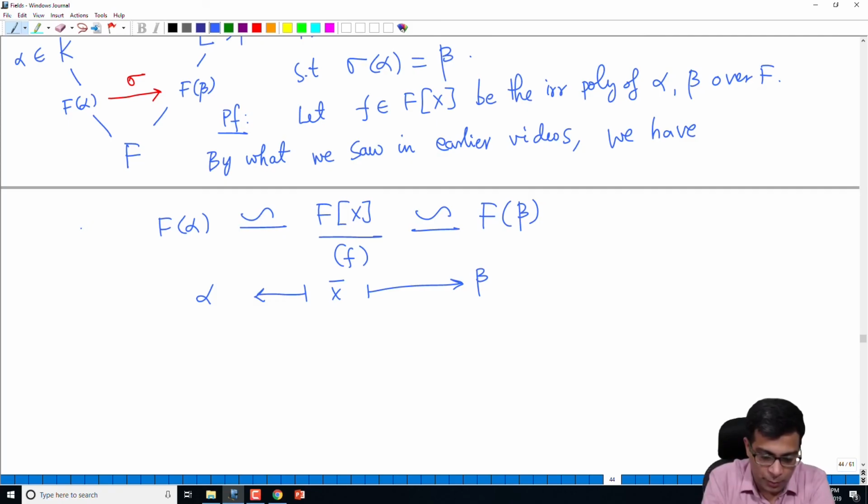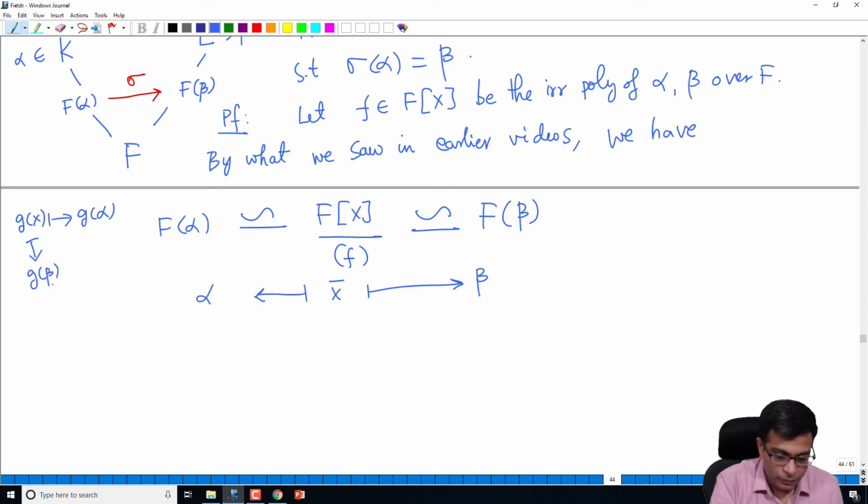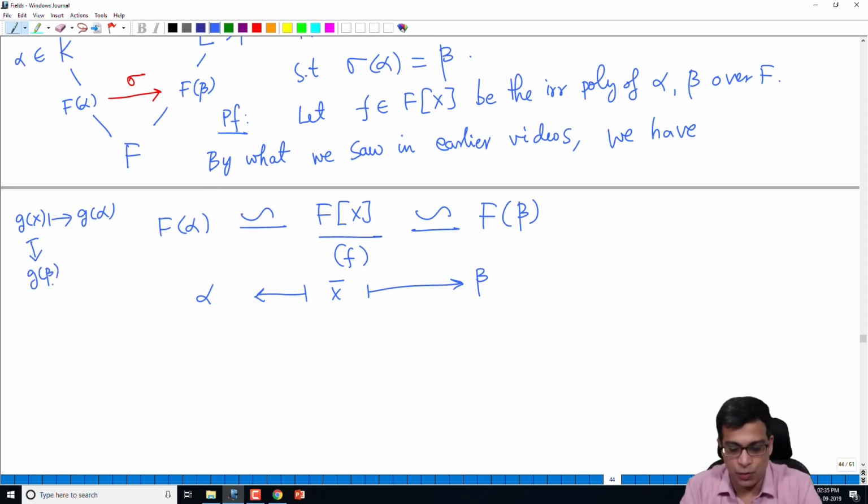This map, if you remember, g(x), under these maps, g(x) goes to g(alpha) on the one hand, g(beta) on the other hand. So x bar is what I am writing in the residue quotient ring, but its image is just the polynomial x evaluated at alpha. That is just alpha. Here the image is the polynomial x evaluated at beta, that is beta.